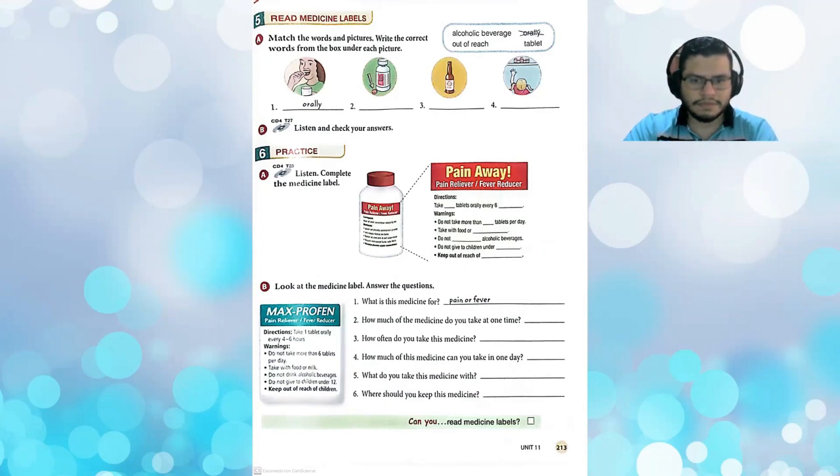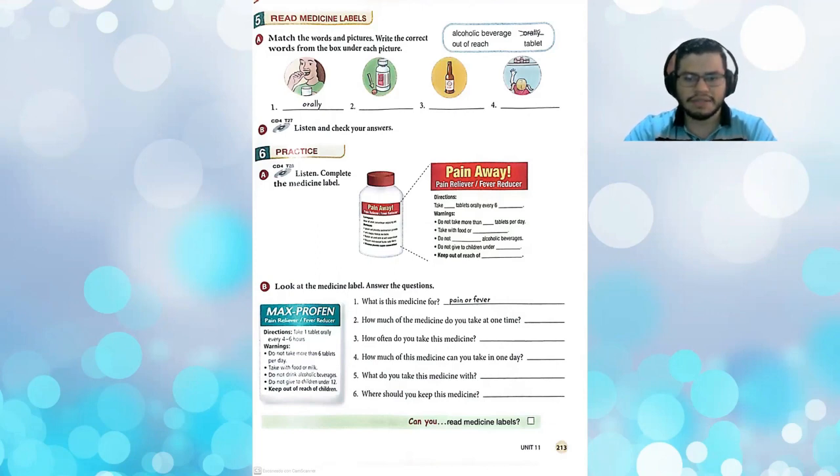Pain Away. Pain reliever, fever reducer. Directions. Take 2 tablets orally every 6 hours. Hours, orally. Warnings. Okay, take 2 tablets orally every 6 hours.